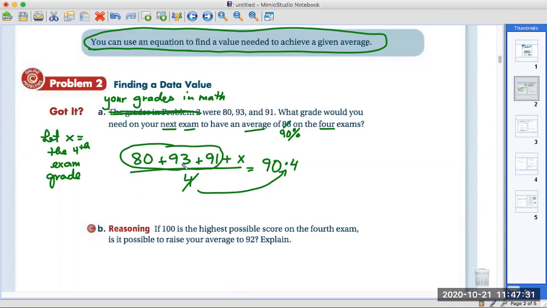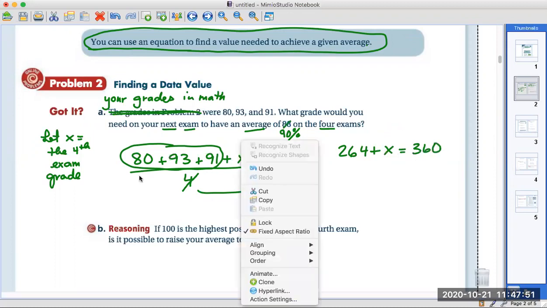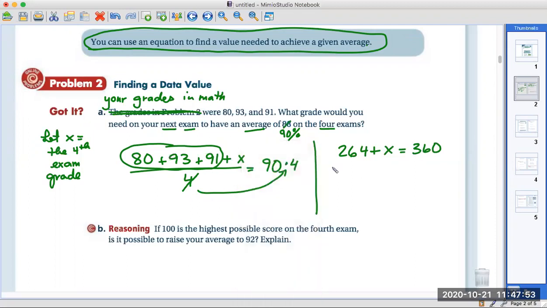So 80 plus 93 plus 91 is 264. Plus the X. The 4 is gone, equals 90 times 4 is 360. And now I'm solving for x, which is the final test grade.